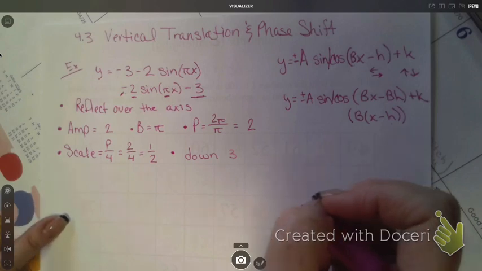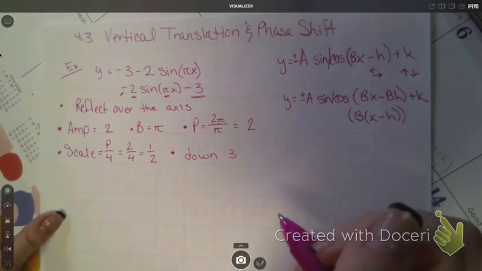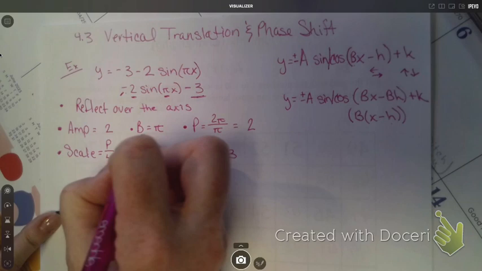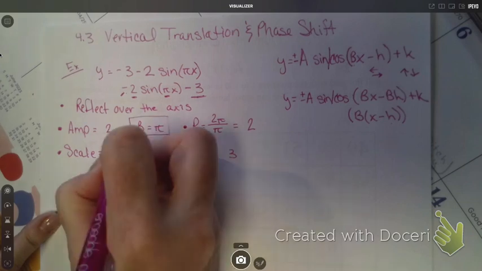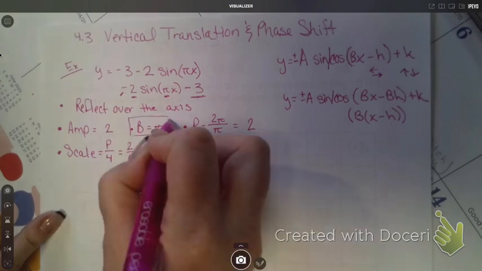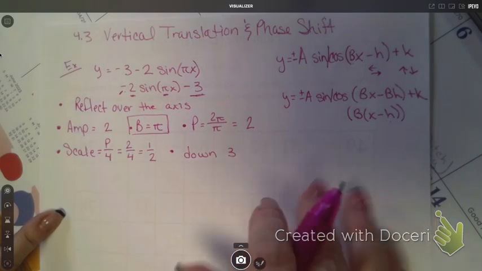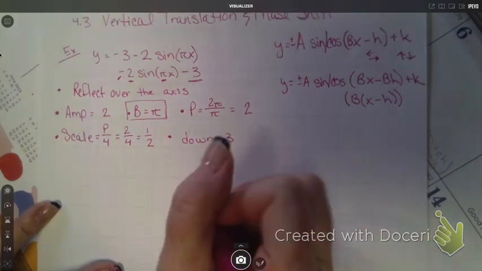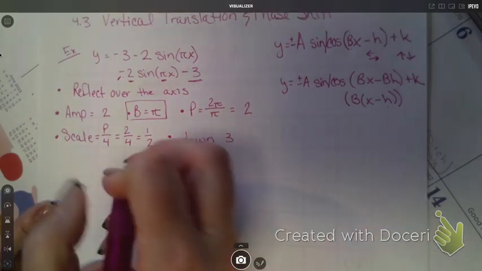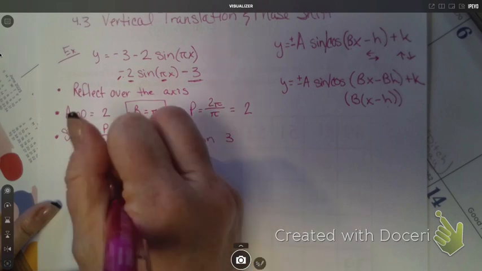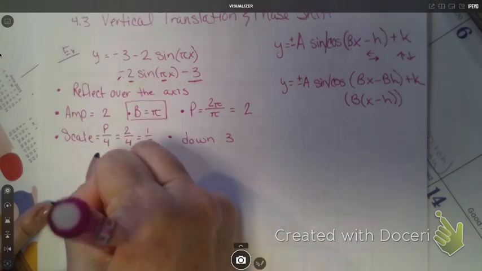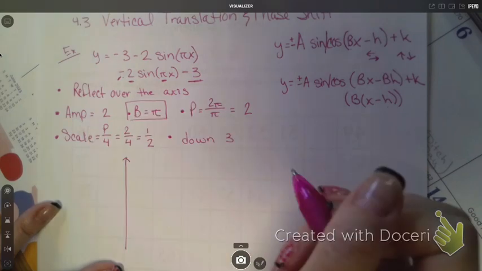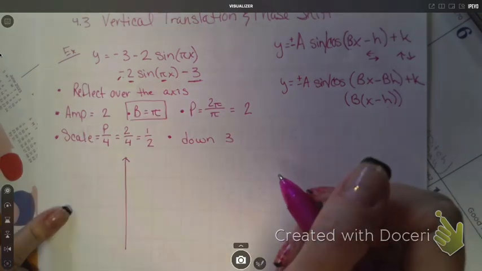So this is all the stuff that we have to put in this graph. The only thing we don't put in our graph is what? B. But do we have to know B to get the period? Yes. Okay. So in this case, it didn't move left or right, so I will always make my up and down.